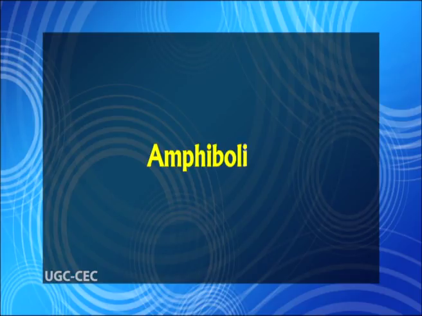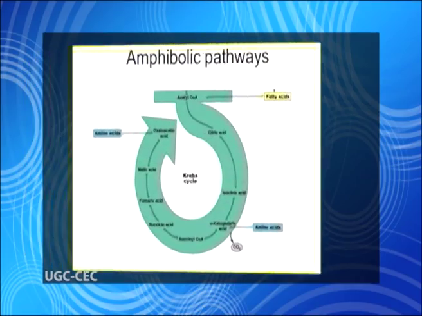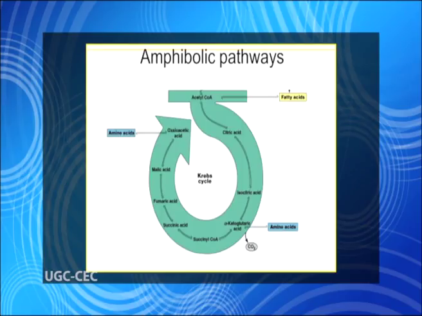The third type of metabolism is amphibolism. Amphibolism is a type of metabolism through which one biomolecule is converted into another type of biomolecule. It is partly constructive, partly destructive.